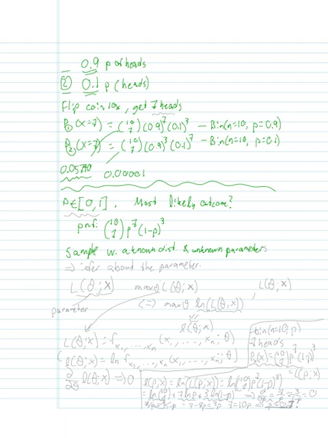In this case, we don't know what p is. And we're trying to make an inference about what the parameter will look like. So, infer about the parameter.